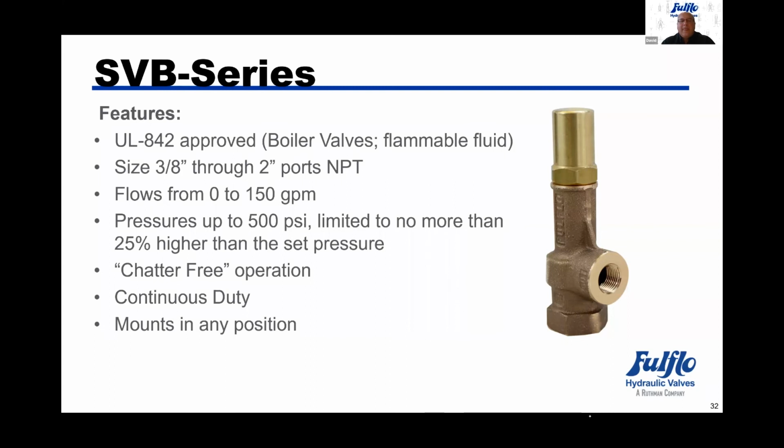So on this valve, per the application, when you're ordering the valve, we need to know the set pressure to determine where we're going to set the limit collar. It's also for chatter-free operation, continuous duty, and normally is mounted in a horizontal position, but can be mounted in any position.